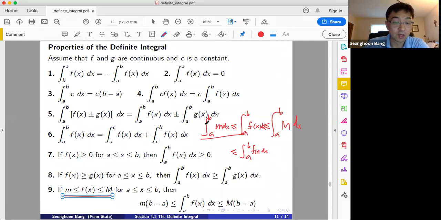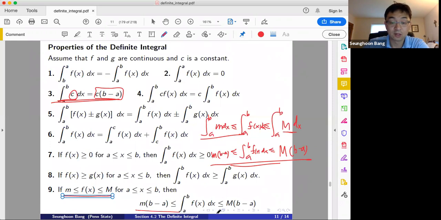We can use this formula: always constant times upper limit minus lower limit. The constant m times upper limit minus lower limit. Here, the same: the constant capital M times upper limit minus lower limit. So that's it. We have this result.